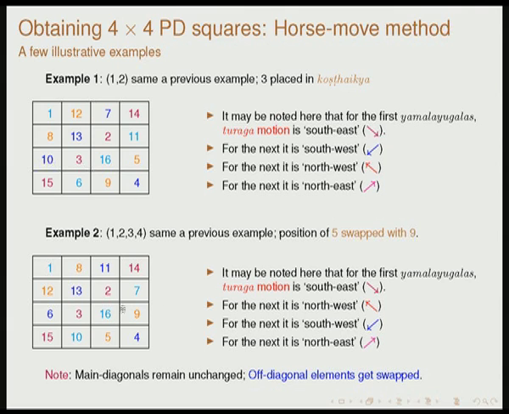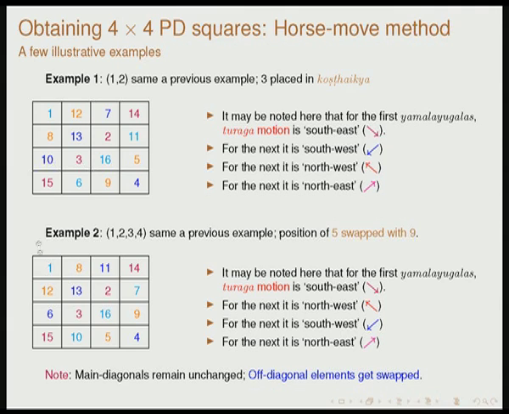In between these two examples, you will see that the diagonal elements remain the same. See 1, 13, 16, 4, 1, 13, 16, 4, here 14, 2, 3, 15, 14, 2, 3, 15 and what you will notice is the off diagonal elements. 7 and 11 have got swapped here.